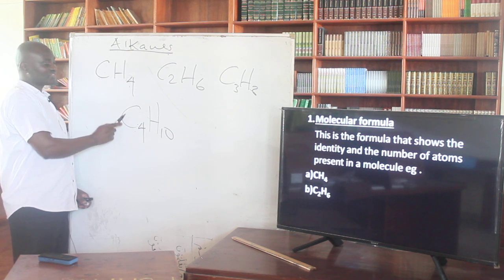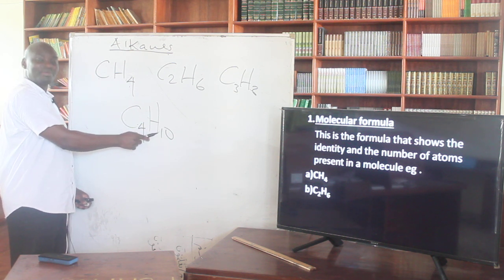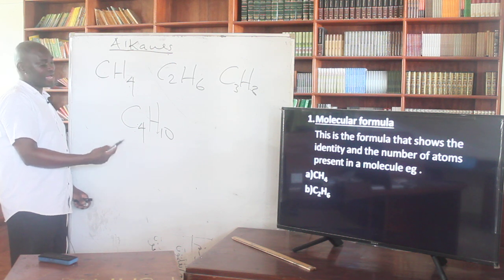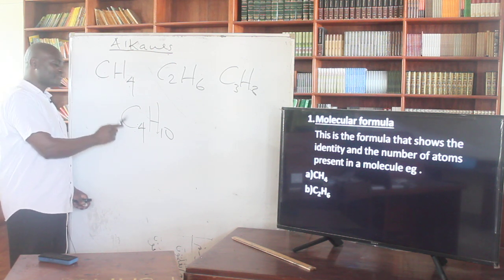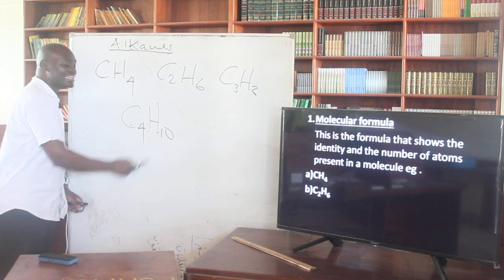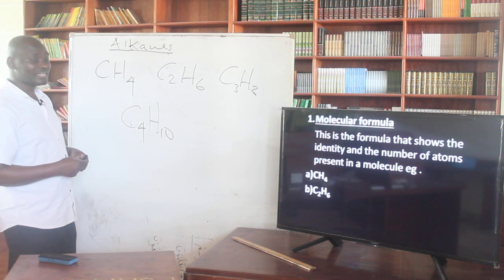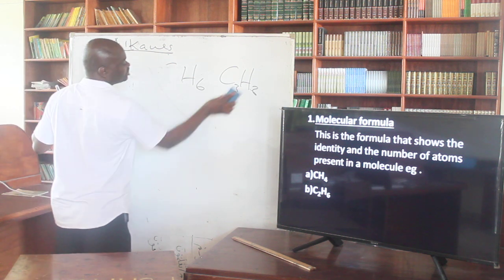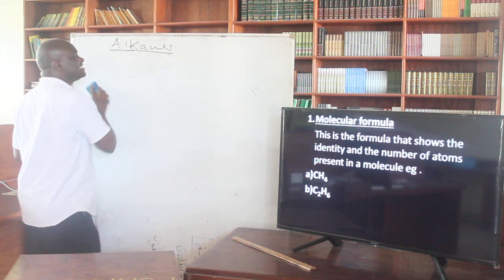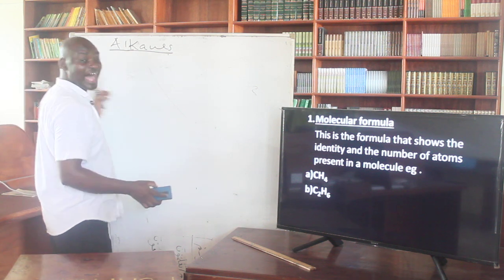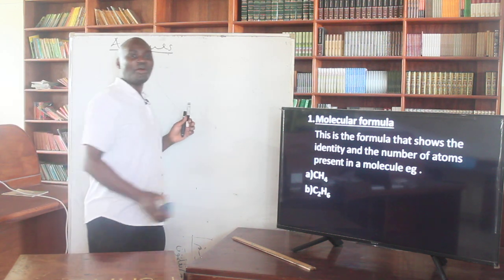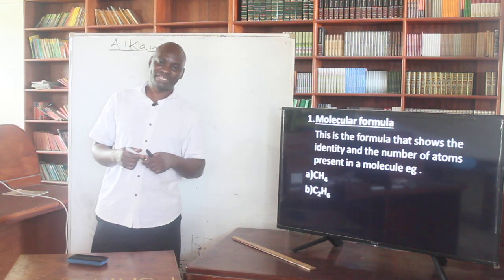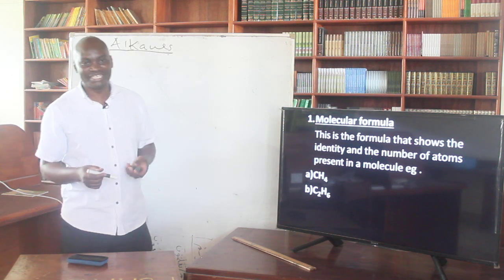This one is made up of carbon and hydrogen, the identity. But what are the numbers? Now, we have 4 carbon atoms and then 10 hydrogen atoms in this one. That is a molecular formula showing the identity and the number of the atoms present in a molecule.